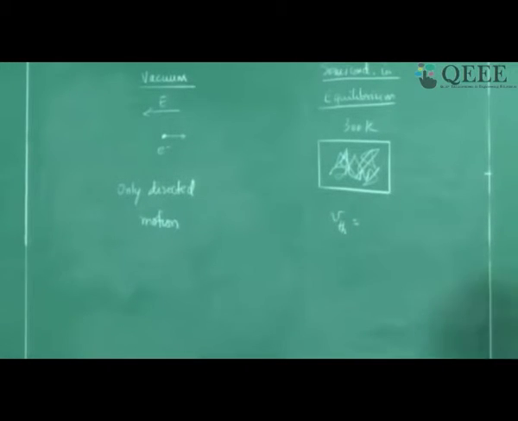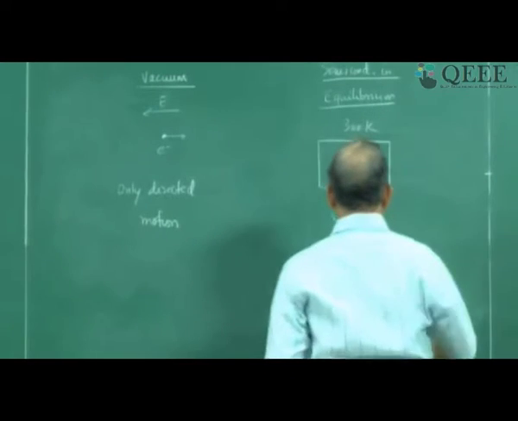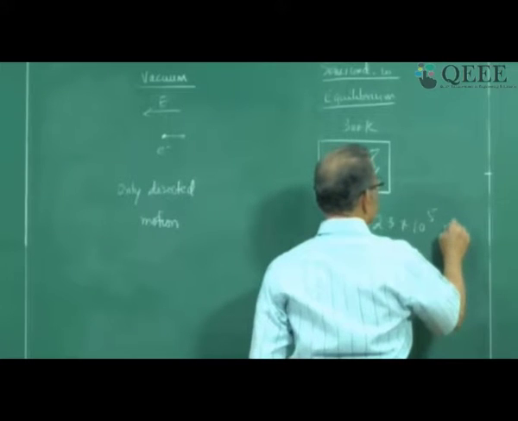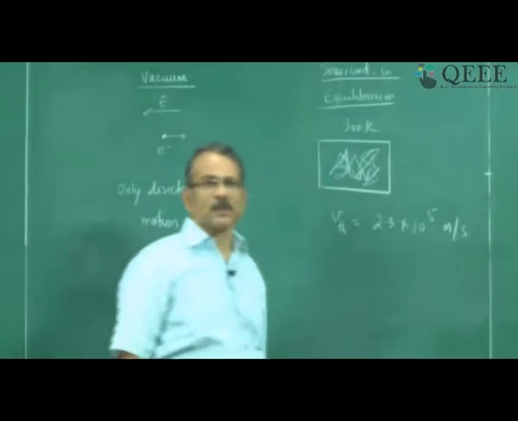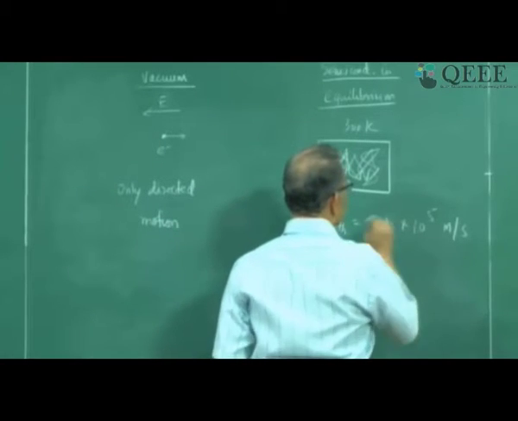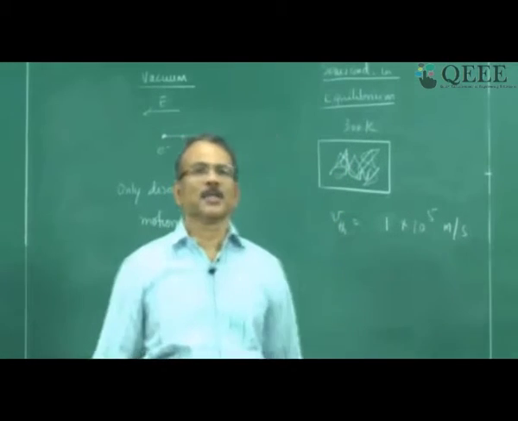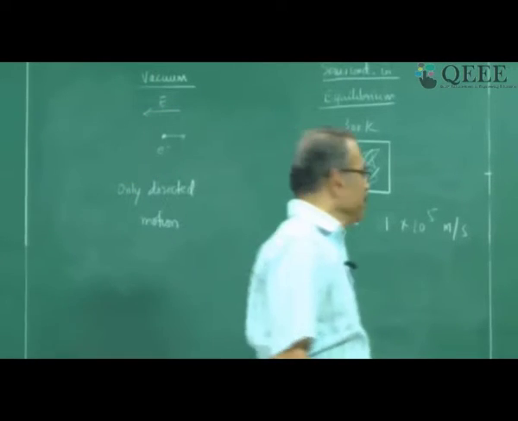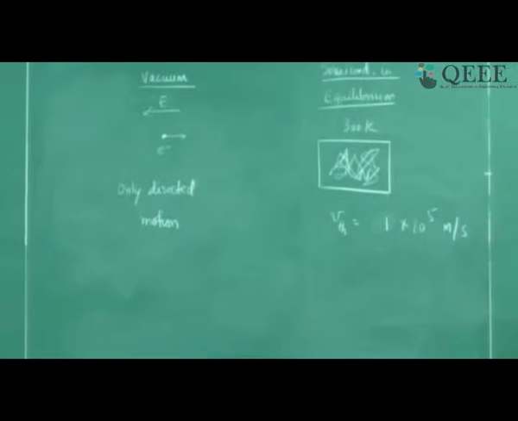The answer is 2.3 into 10 power 5 meters per second. They are very close. In silicon, this value is about 1 into 10 power 5 meters per second. So thank you, College of Engineering Pune, for that response. Meanwhile, let me go back to the question that I was trying to answer.